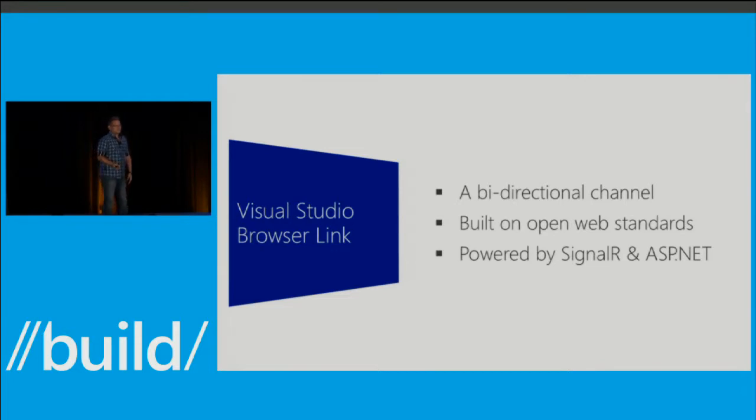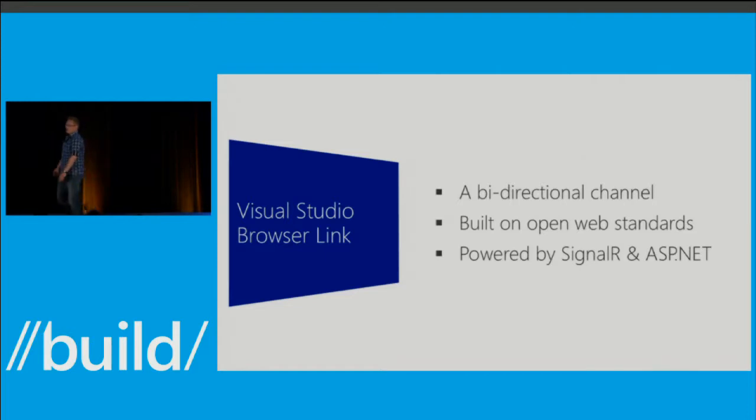What actually happens is that Visual Studio hosts a WebSocket endpoint that is accessible from all your browsers on your dev box, and that creates an open tunnel of communication. Whatever we do in the browsers can be relayed back to Visual Studio, and vice versa. And this opens up some really cool scenarios.